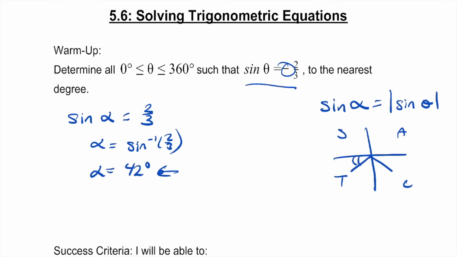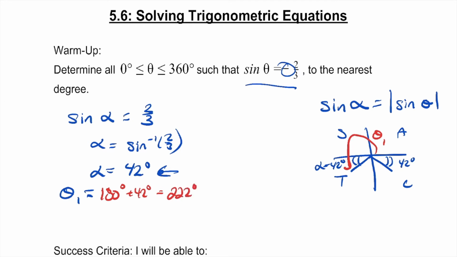So the reference angle here would be 42 degrees, and the reference angle here would be 42 degrees. So one possible answer for theta is this angle here. That's theta 1, which is 180 degrees plus 42, so that's 222 degrees.